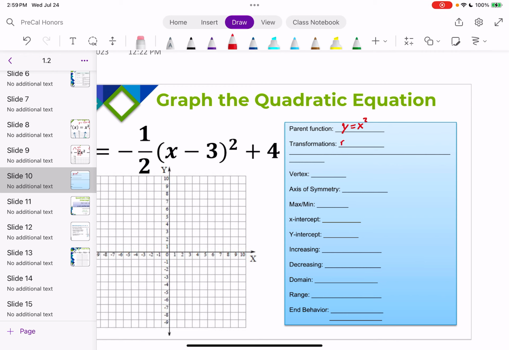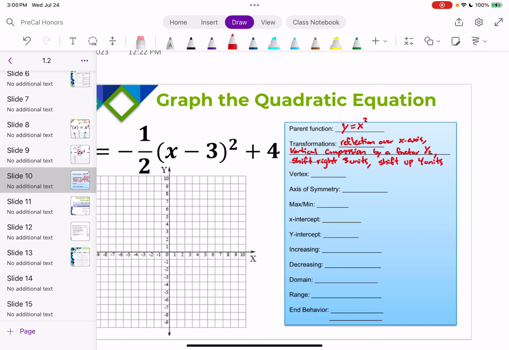Our transformations: reflection over the x-axis, vertical compression by a factor of 1/2, a shift right 3 units and a shift up 4 units.